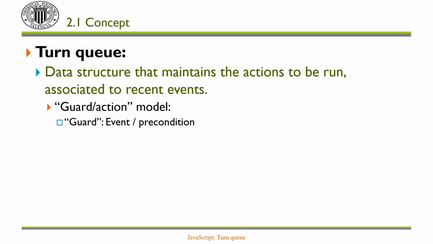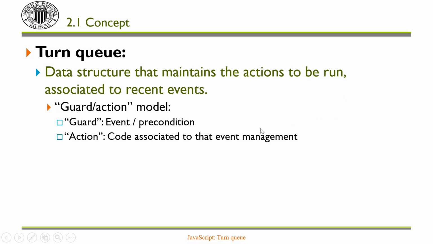But in the logic of algorithms, this event arrival should be considered as a precondition to be satisfied in order to run its associated instructions. So, an event arrival is logically a precondition that should be true in order to run a given sequence of instructions. That sequence of instructions is the associated action to that guard. And in our case, those instructions will manage the event.